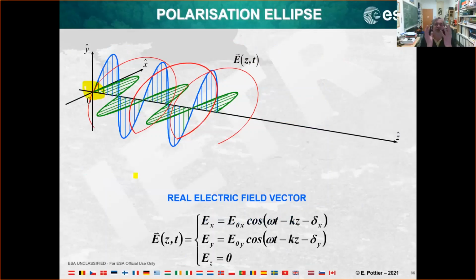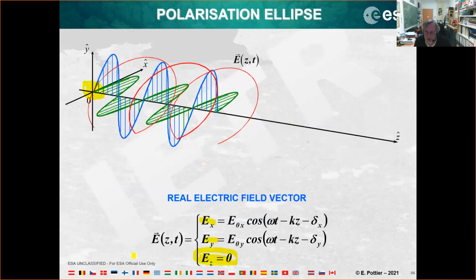And the combination of these two components creates the red propagation of the electric field. As you can see, it is described in a plane because I have only two components, the Y component and the X component, and you have no information along the Z component, along the propagation axis. So this is a plane.